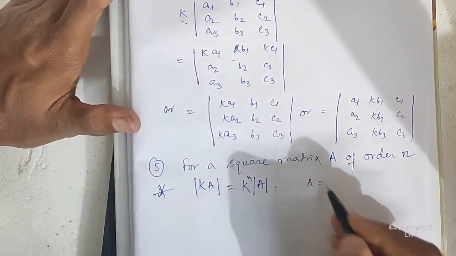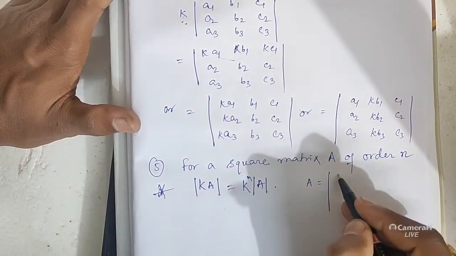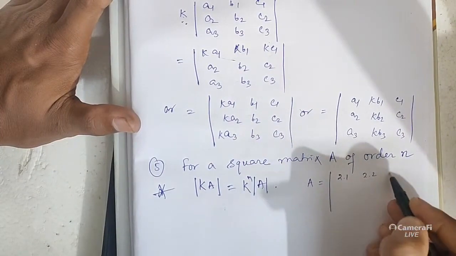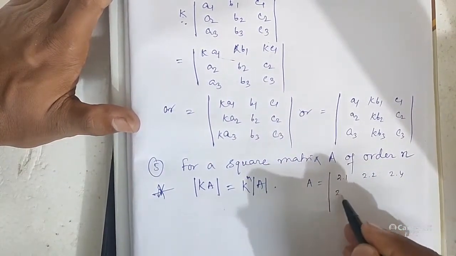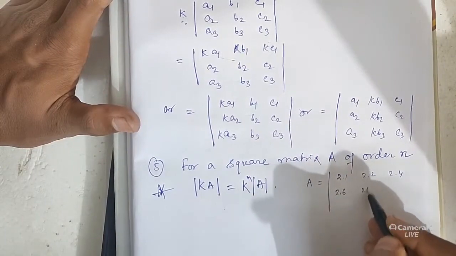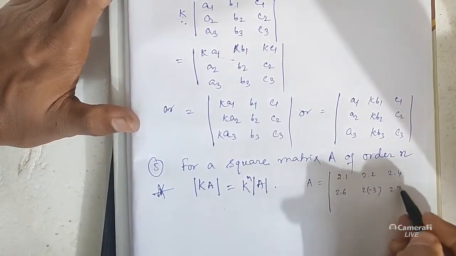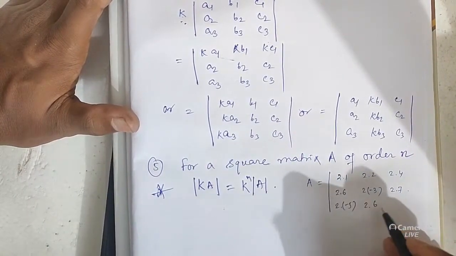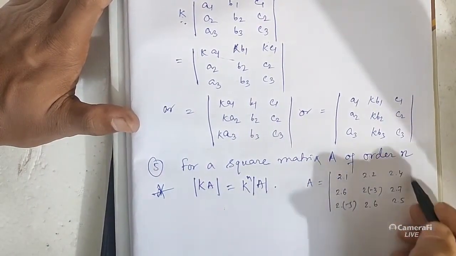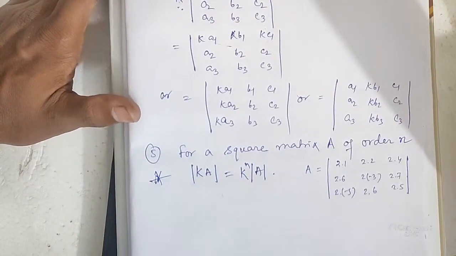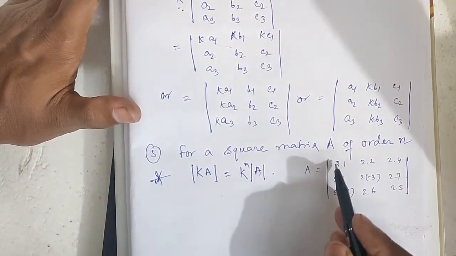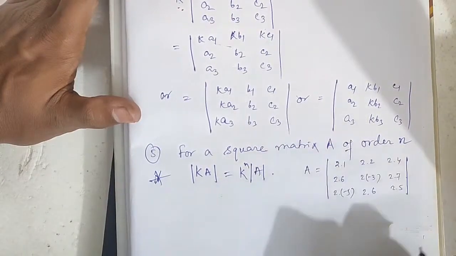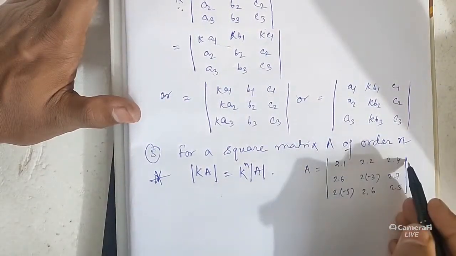Suppose here we have taken 2 into 1, 2 into 2, 2 into 4, 2 into 6, 2 into minus 3, 2 into 7, 2 into minus 5, 2 into 6, 2 into 5. So here I have multiplied 2 with all the elements.